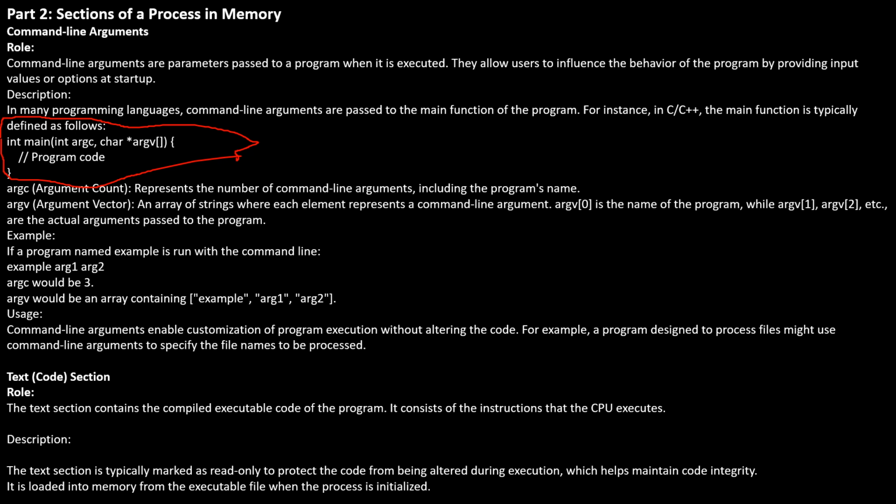The text section is typically marked as read only to protect the code from being altered during execution, which helps maintain code integrity. It is loaded into memory from the executable file when the process is initialized.